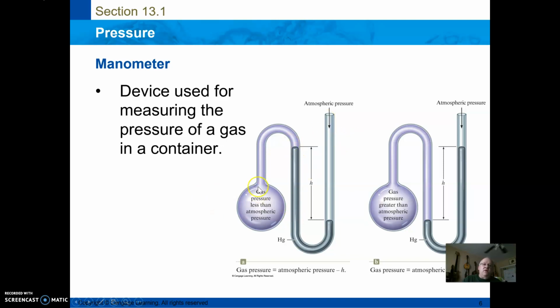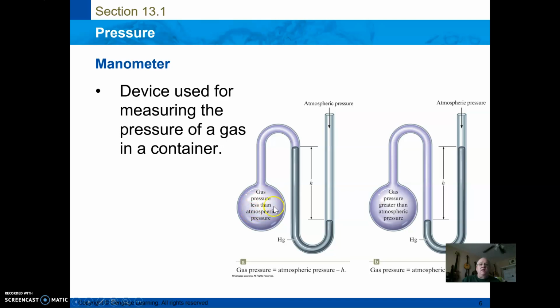A manometer is another way you can change the pressure in your chamber. If you become an engineer or a scientist, like what I did for a living prior to teaching, I worked with pressure, with test devices and actual production devices, systems where the pressure had to be monitored very, very precisely. This is the beginning of how you can start.